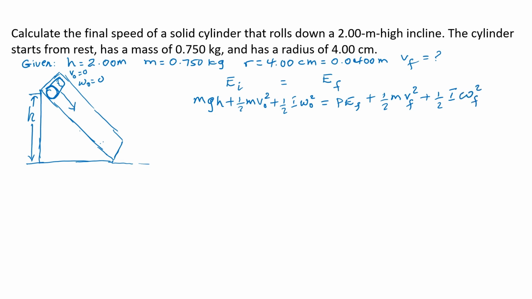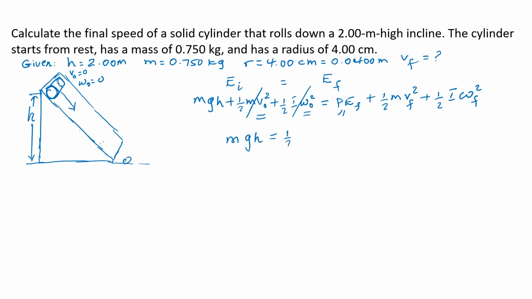So we know this one is 0, and we know this one is 0 too, because initial velocity is 0 and initial angular velocity is 0, so the only thing we have here is mgh. And we know the potential energy at the bottom is 0, that's the reference point, therefore this is 0.